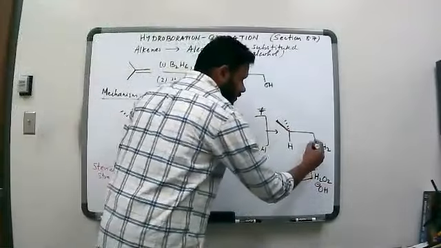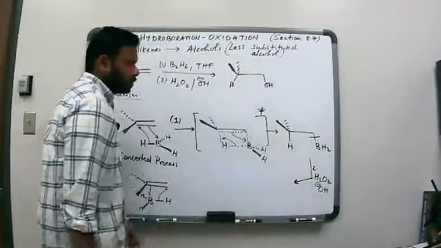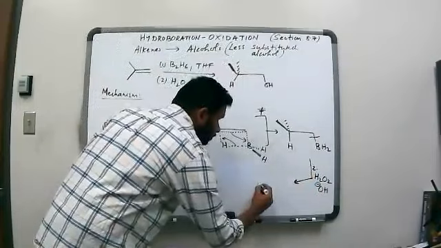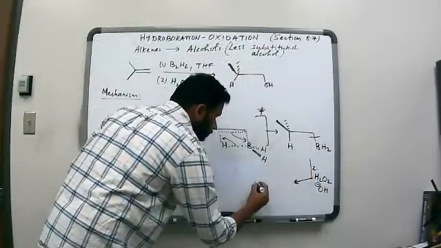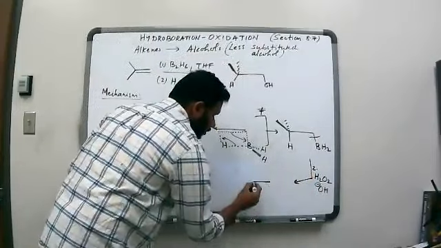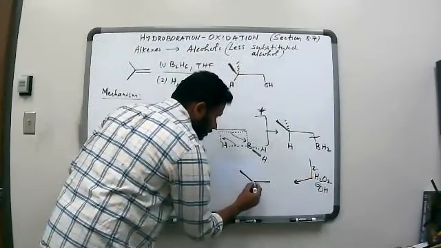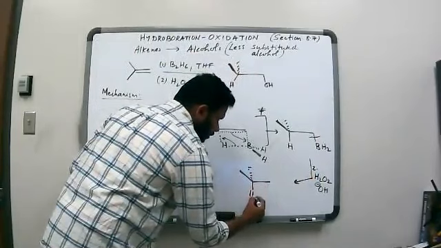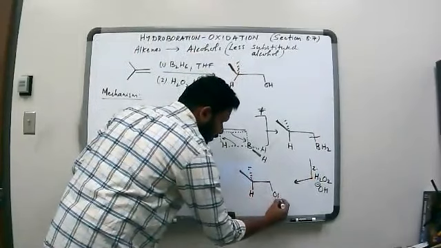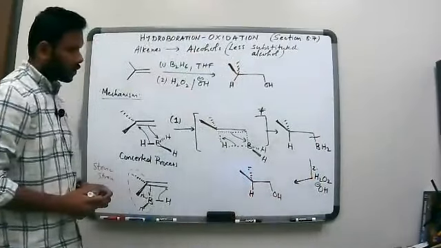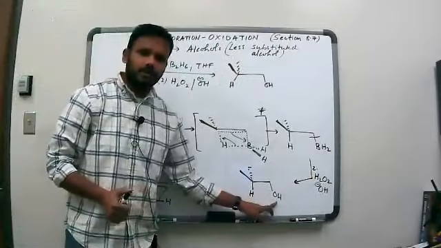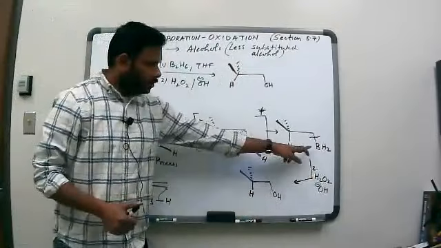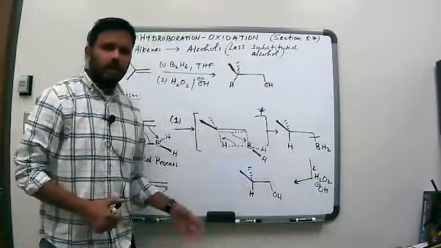And what that does is it would basically replace that borane reagent, or the BH2 part of it, although that's not how it happens. It would replace that with H and OH, so that the hydroxyl ends up on the less substituted carbon. So that's how the BH2 is replaced by the hydroxyl later.